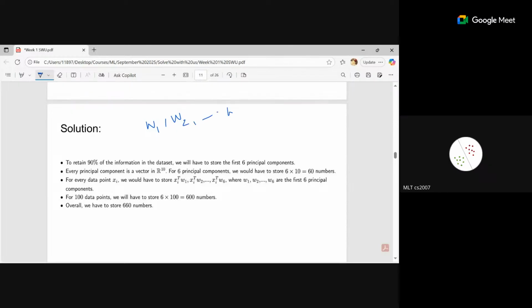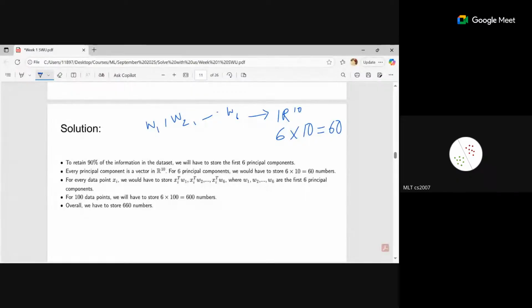Each of these Wi will belong to R10, right? And there are six of them. So there will be 6 times 10, so you will need to store 60 numbers just for these principal components.